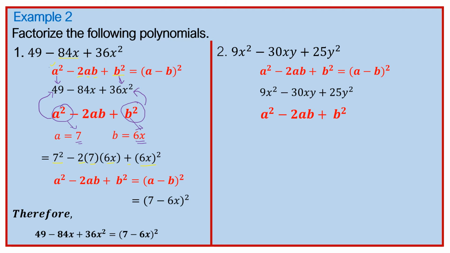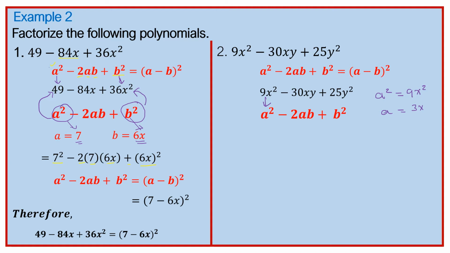Okay? So you can see that a squared is for 9x squared. Since a squared is 9x squared, then a should be 3x, such that 3 squared is 9 and x squared is x squared.